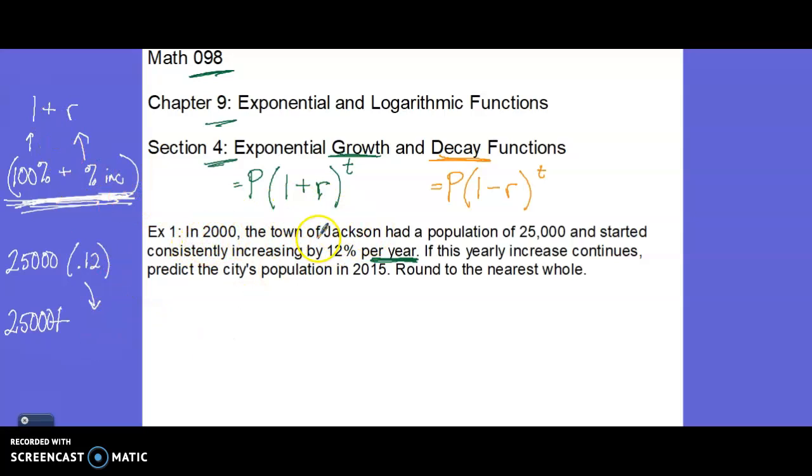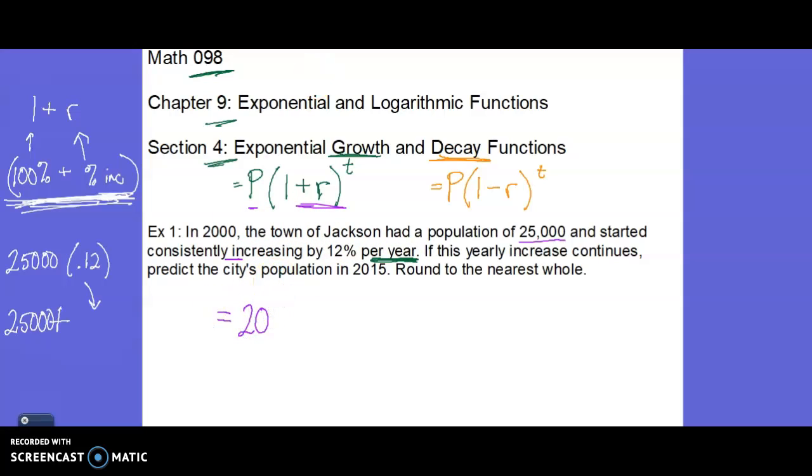So in this problem, we have a town of Jackson that has 25,000. That's your starting amount. It's increasing, so that's why we're doing the plus. You change the rate from a percent to a decimal, so 0.12. And what you have to think about is how many years have elapsed from 2000 to 2015.